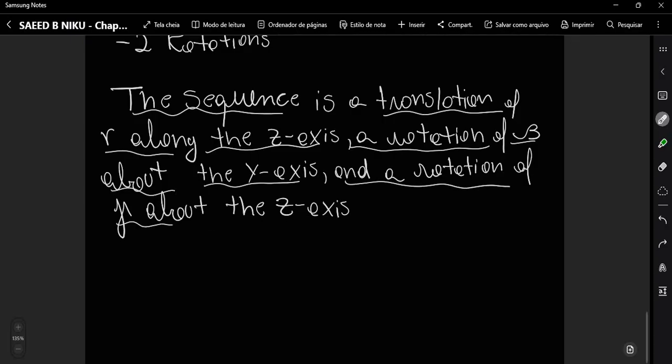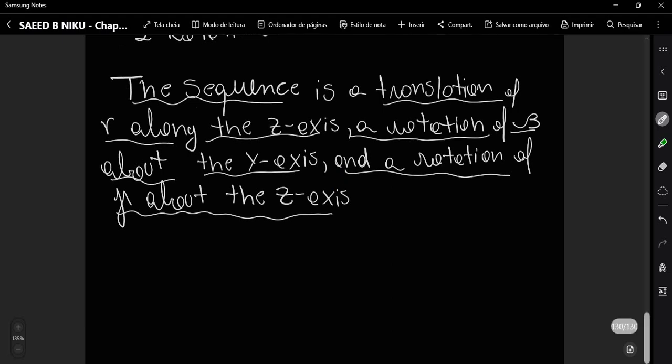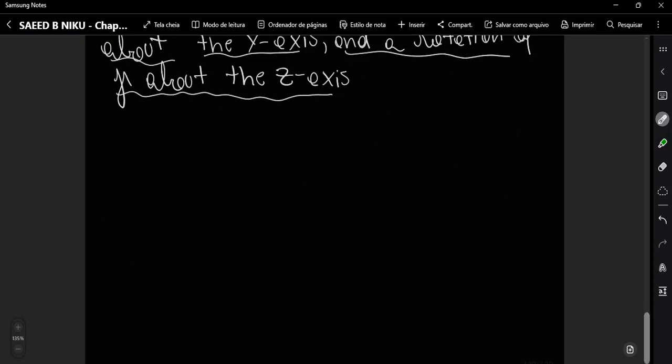We have to interpret this description and draw it. The book already provides this drawing, so I will just copy it from the book. We have to draw the XYZ coordinate system.